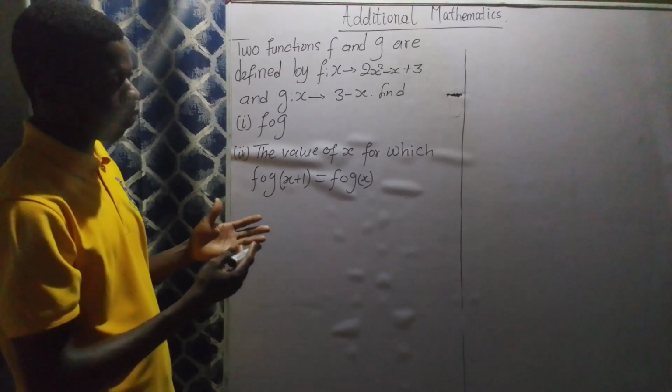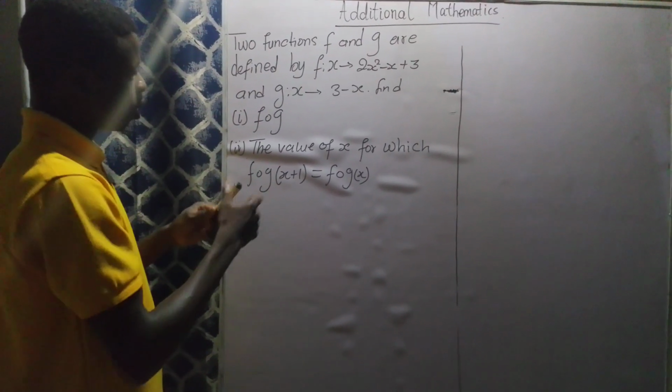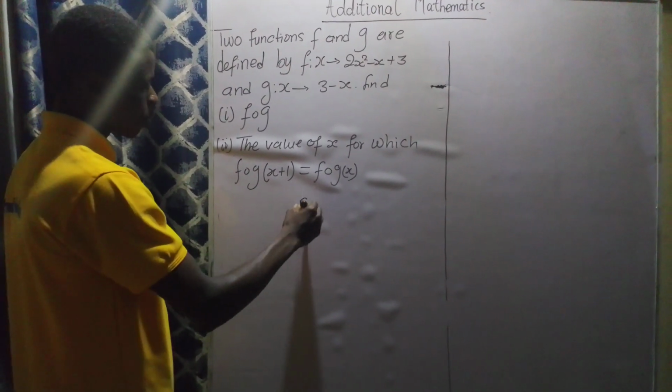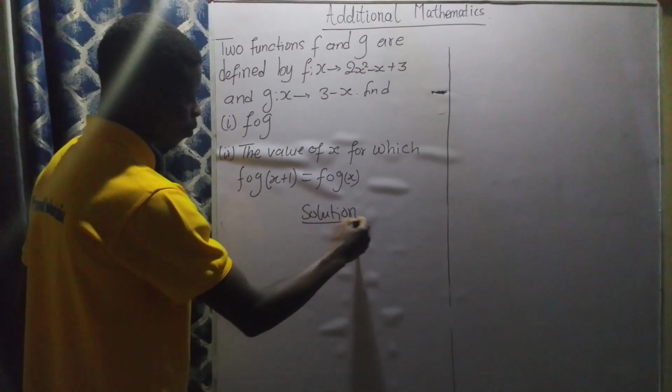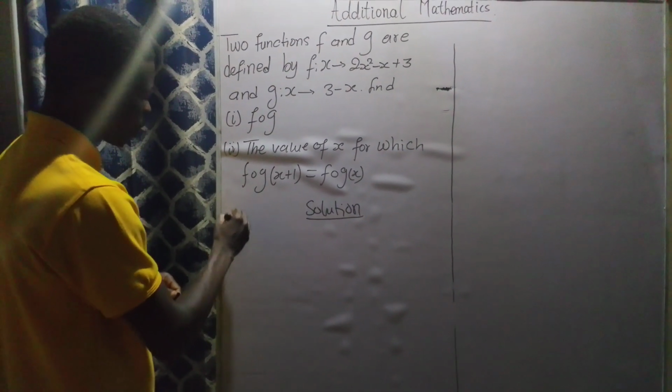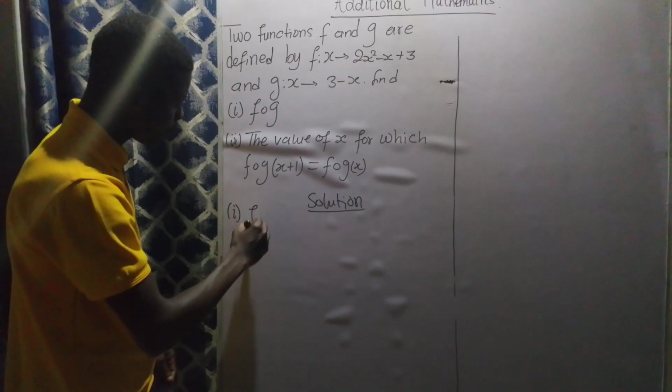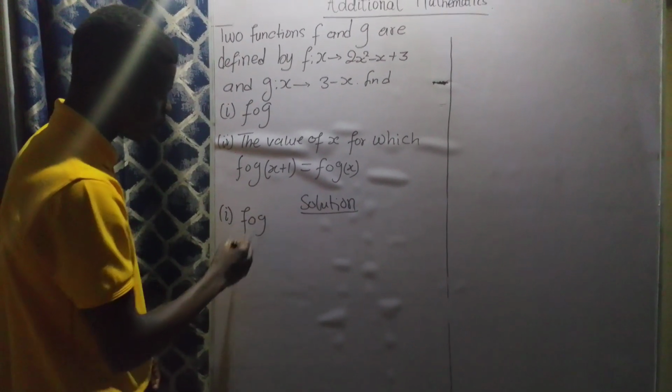So how do you tackle this particular question? Let's look at how to go about it. We have the solution. For the first part, we are going to have f of g.